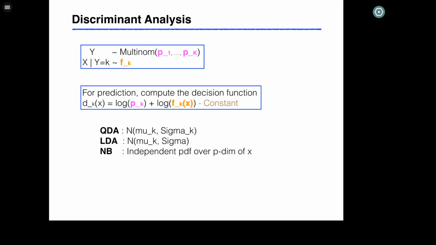And if we further require the p features to be independent of each other, meaning the joint distribution on this p-dimensional vector x is equal to a product of individual distributions over the p dimensions, that's called naive Bayes. Here we keep adding more stringent assumptions on fk, and the purpose is to restrict our model and avoid overfitting, and this is common when p, the dimension, is very large.